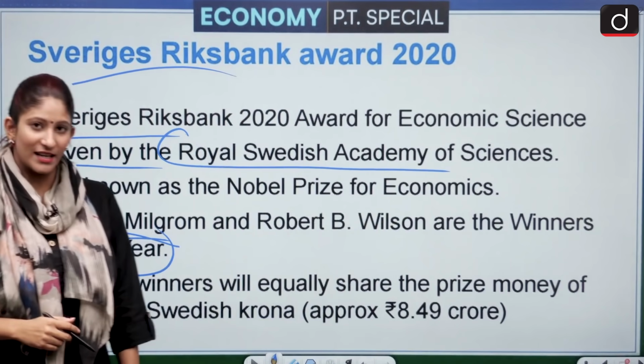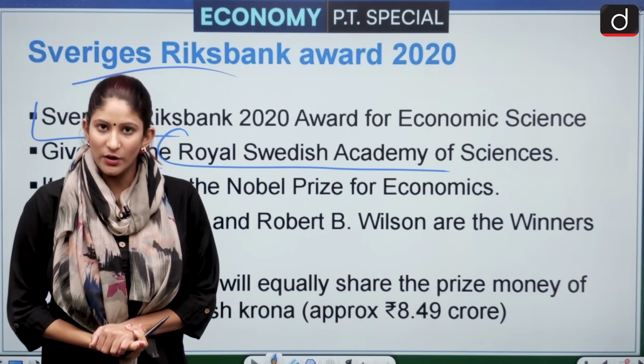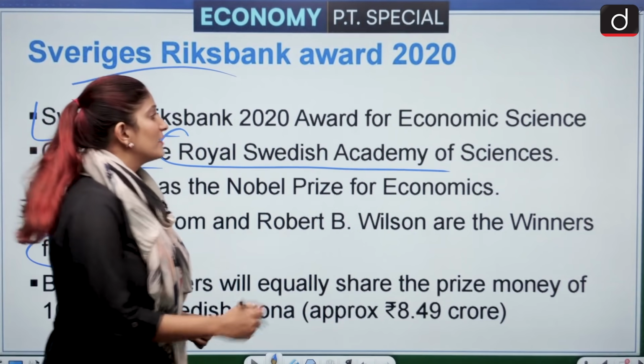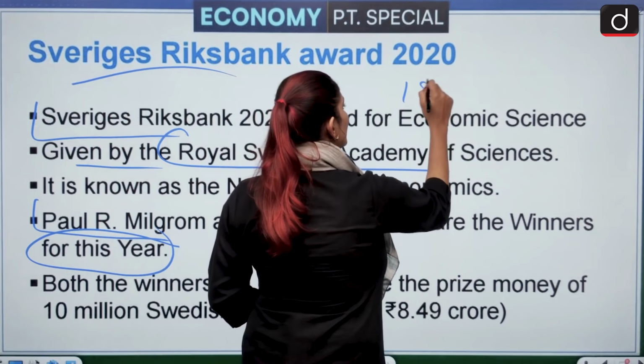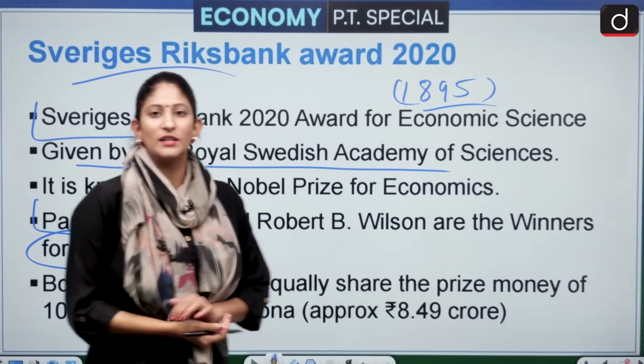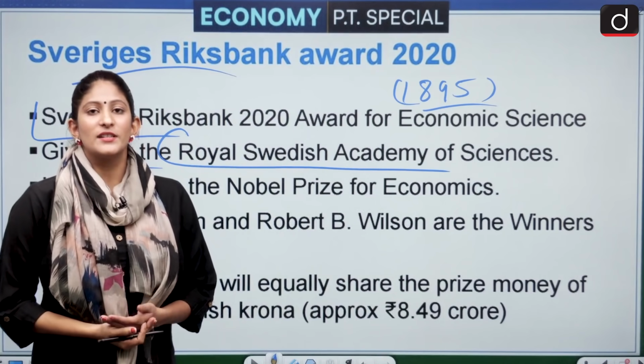The interesting thing is that it is not one of the awards which were institutionalized in the year 1895 in the will of the proponent of the award, Alfred Nobel.